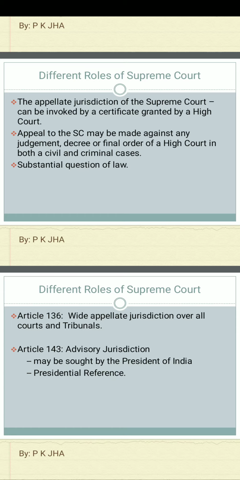And in the last 60 plus years, only a handful of references have been made so far, and the Supreme Court can refuse to provide its advisory opinion if it is satisfied. The Supreme Court may refuse also, children.